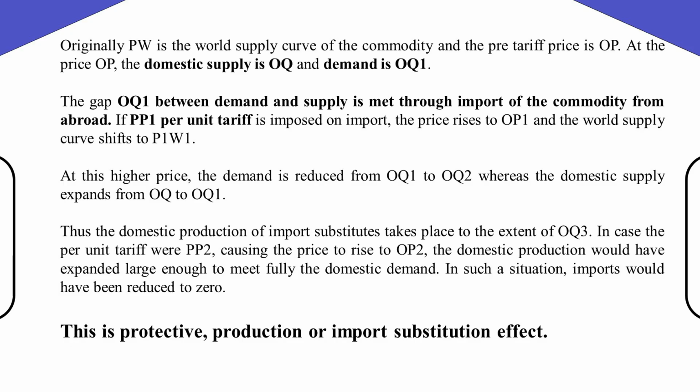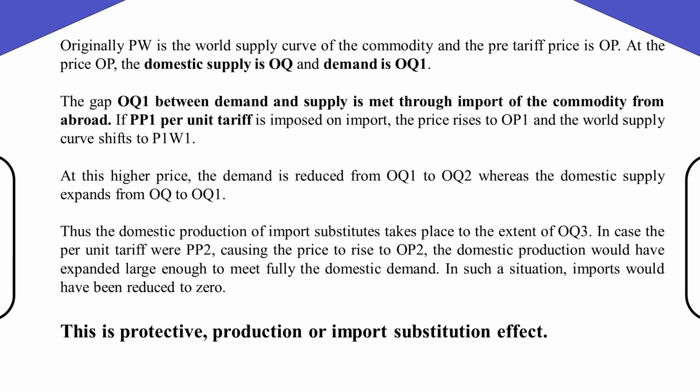If a PP1 per unit tariff is imposed on import, the price rises to OP1 and the world supply curve shifts to P1W1. So, due to imposition of tariff, the supply curve shifts to P1W1.